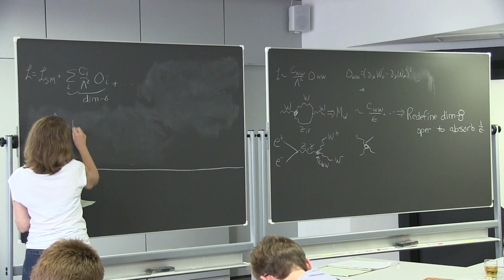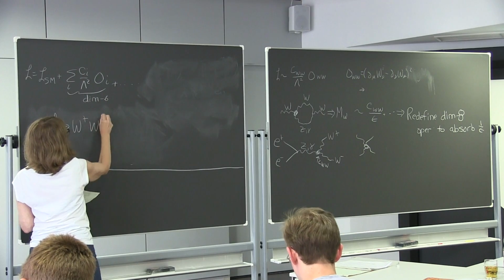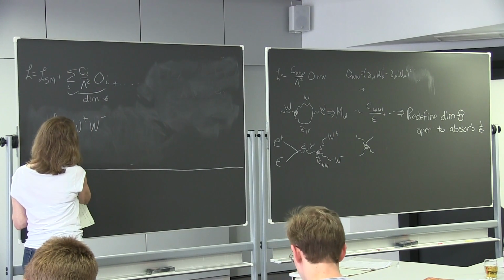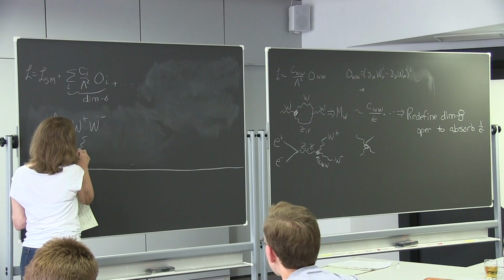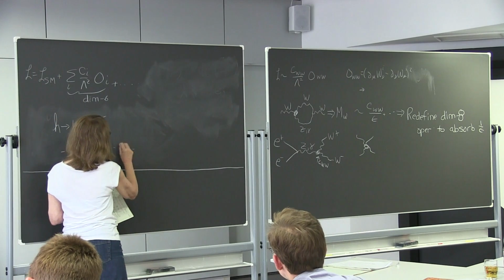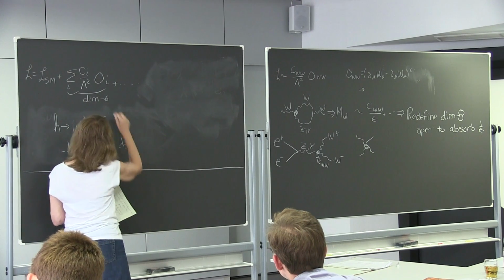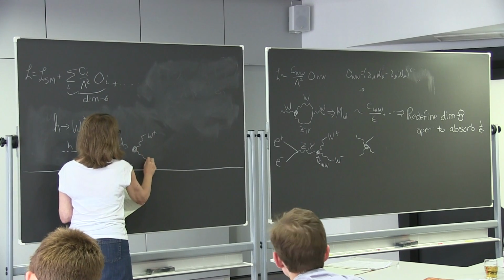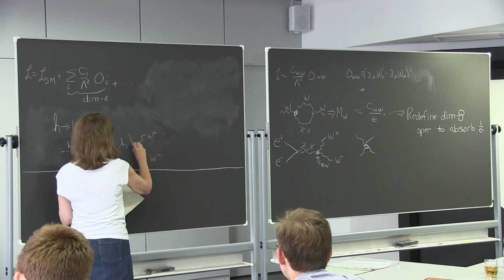Suppose I'm calculating my favorite process here, h to W+ W-. We all know how to calculate that. So here we go. Here's h, W+, W-, and then there'll be some contribution from my new physics operator here, from some CI.